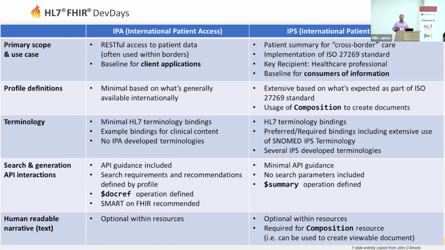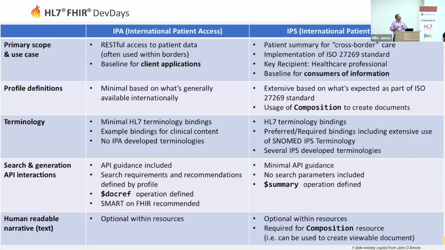API interactions, again, IPA is all about patient access through REST, through APIs, through standardized search parameters, through standardized FHIR resources, using apps, using OAuth. And again, we recommend SMART on FHIR.